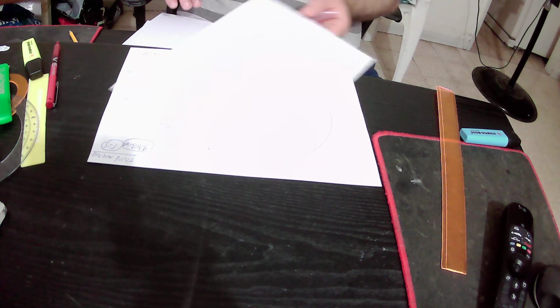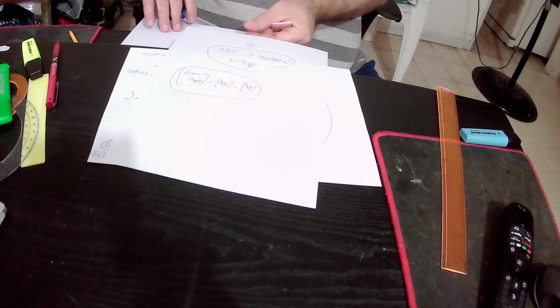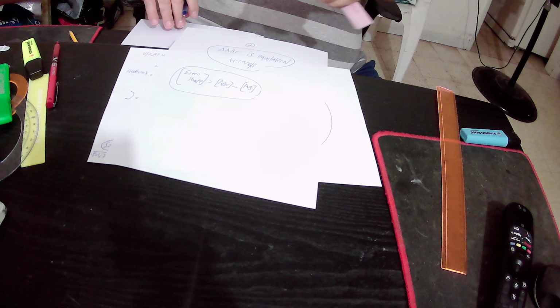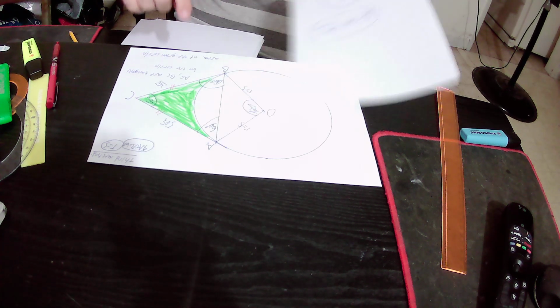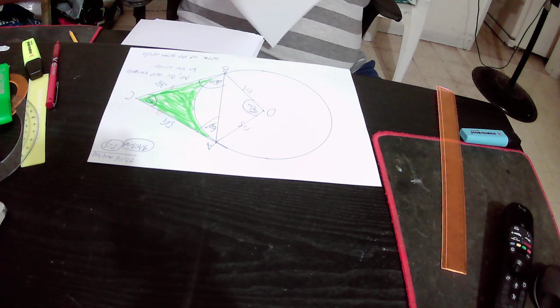Again, the area of the green shape equals the area of equilateral triangle ABC minus the area of circular segment AB, the area of this white shape.